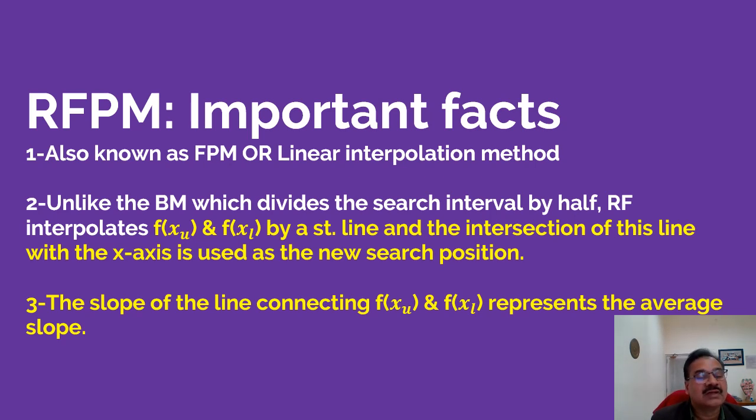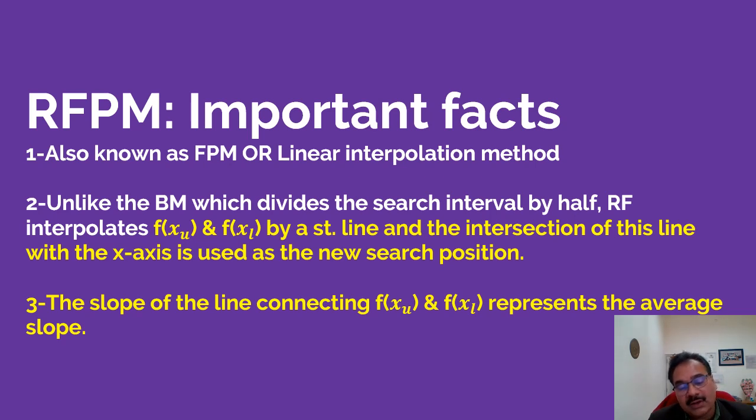First, this method is also known as the false position method. Sometimes some people call it only the false position method and the linear interpolation method. Second, unlike the bisection method which divides the search interval by half, the regular false position method interpolates f of xu and f of xl, where u stands for up and l stands for low, by a straight line.